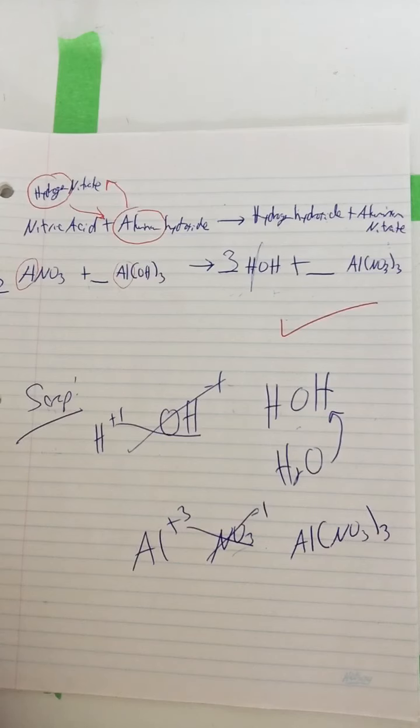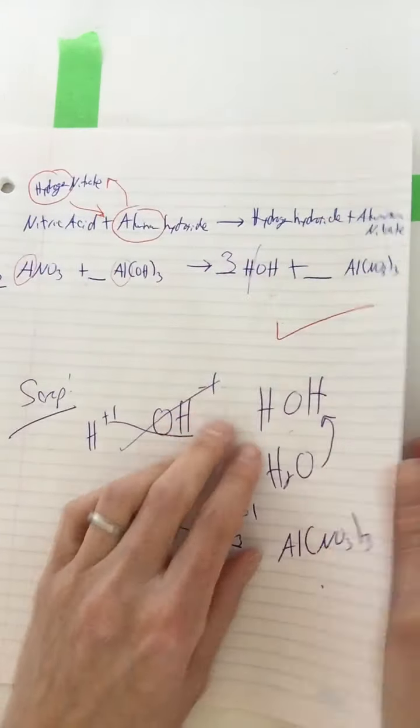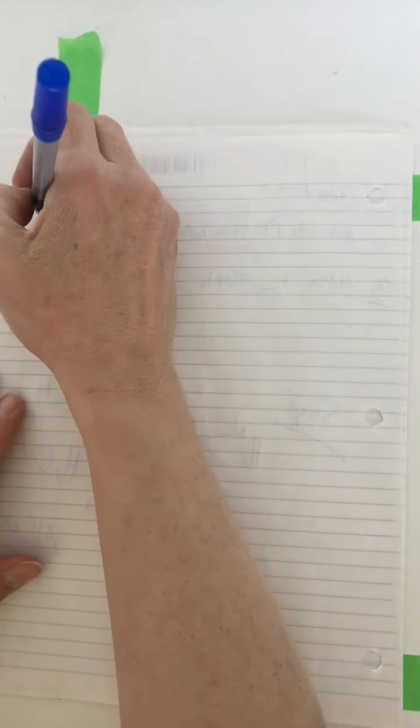Okay? So another little thing about predicting products, and I'm going to show you this little chart that is on your sheet. The next type, so that was all double replacement. We're going to go over two types of reactions today. The last type of reaction, so you've done synthesis, decomposition, single replacement, double replacement, and now I'm on combustion.